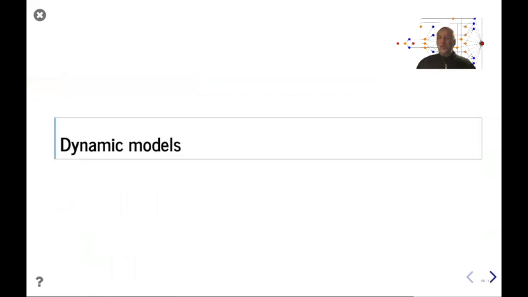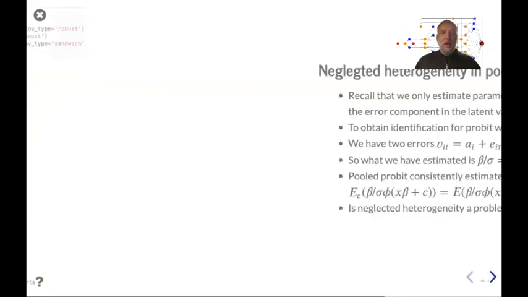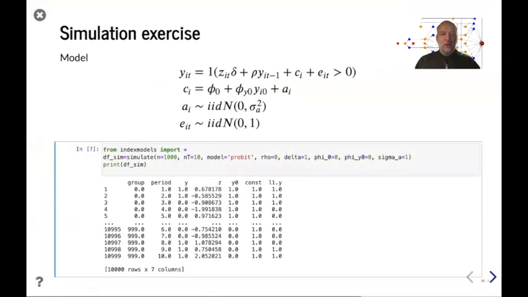Now we're ready to move on to the next topic, to talk about dynamic models. This is actually the model that we're simulating data from. It allows us to generate dynamics. Say if we put rho equal to 1, you're going to get persistence in that variable due to state dependence.